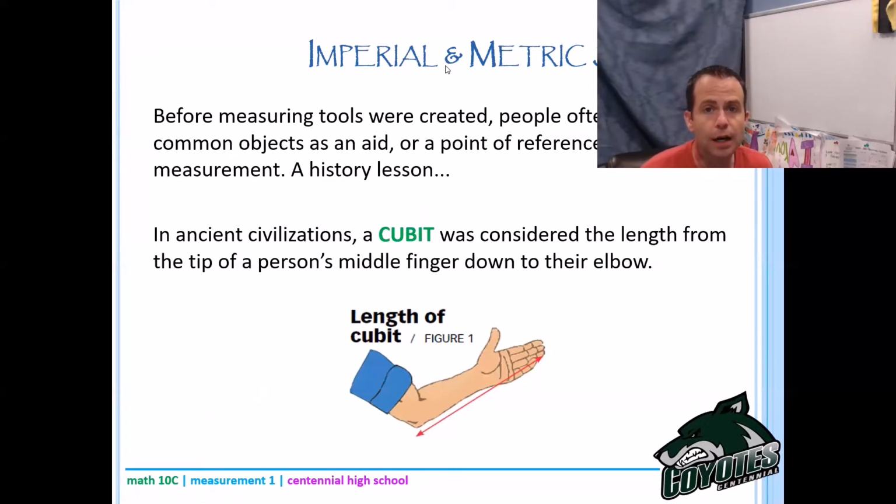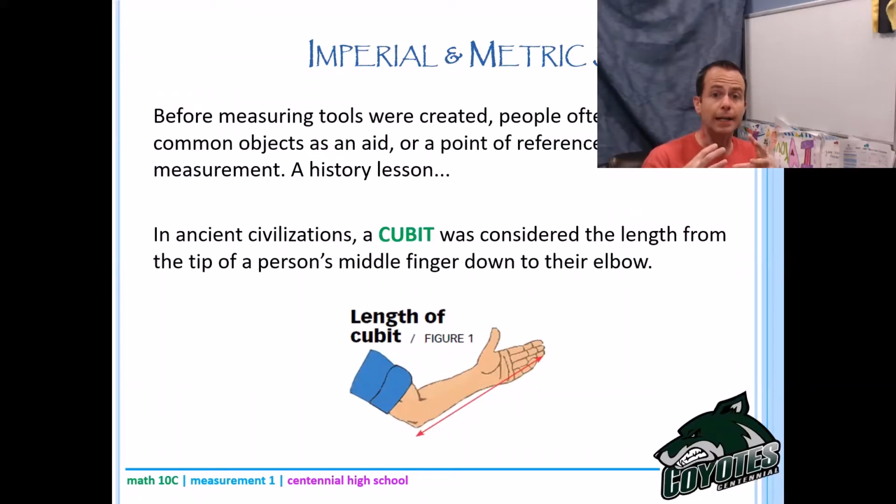Okay, when we go all the way back to ancient civilizations, we see the word cubit. A cubit was considered the length from the tip of a person's middle finger down to their elbow. Now, if you're wondering how old the term cubit is, to put this in perspective, Christians, Jews, and Muslims would all share the story of Noah's Ark.